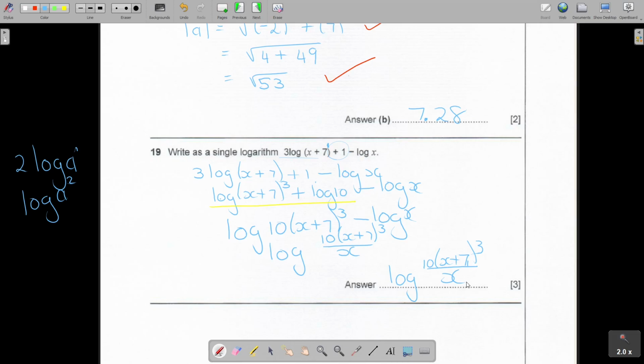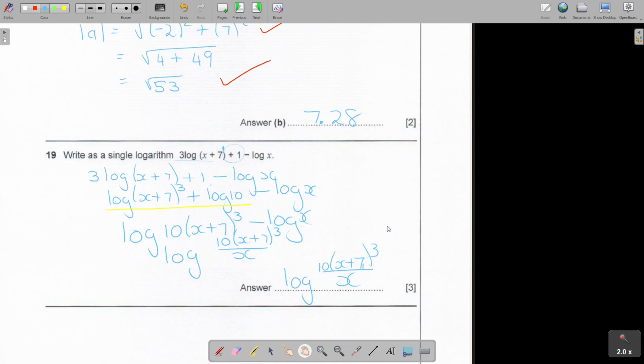What I usually tell you is you can go directly from this step. Where there's addition, I write next to each other, and where there's a subtraction, I write under. So you could have already written that one log word, then the ones that were addition you write next to each other, and the one that was subtraction you write at the bottom, and you would have gone directly into that.